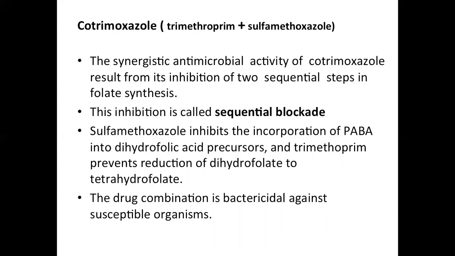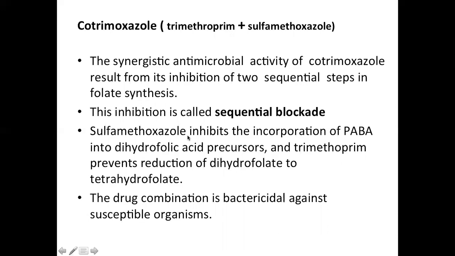So this inhibition is called sequential blockade. Why? Because sulfamethoxazole inhibits the incorporation of PABA into dihydrofolic acid precursors, and the trimethoprim prevents reduction of dihydrofolate to tetrahydrofolate. The drug combination is bactericidal against susceptible organisms.